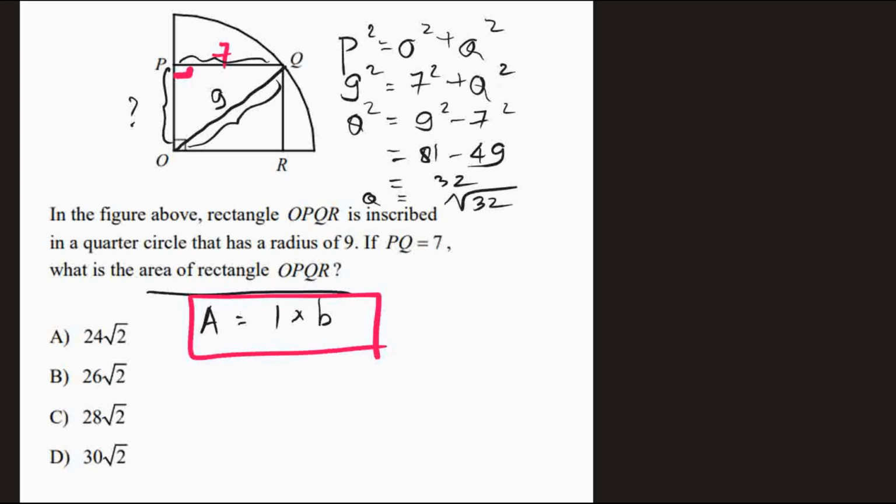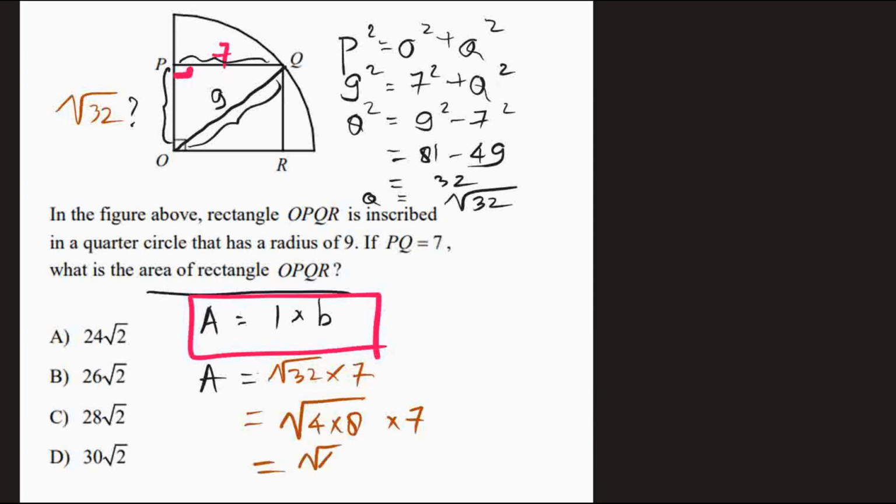And the area is length times breadth, which is square root of 32 times 7. We can break 32 into 4 times 8. The reason I take 4 is because we can take the square root of 4. So square root of 4 is 2 times square root of 8 times 7.